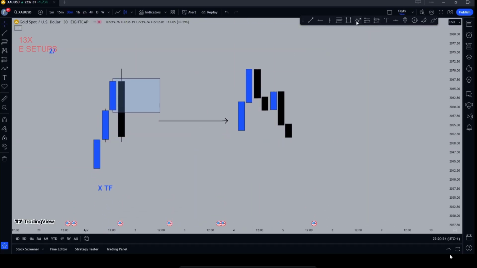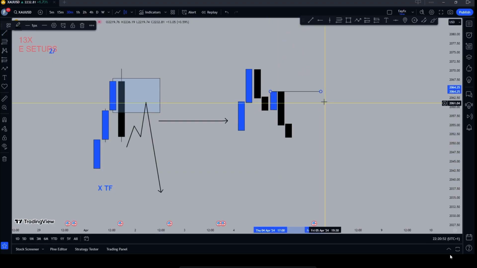Here price will come up to visit this engulfing candle to go down. Before price goes down, it will automatically go up to touch the engulfing candle, touch this area, and go down. But where? Exactly at the fresh classic level that got created.